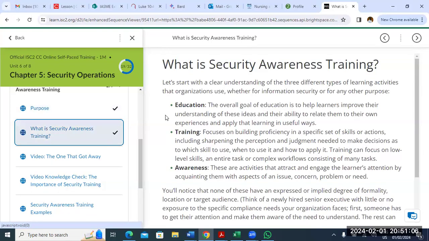So what is security awareness training? Let's start with a clear understanding of the three types of learning activities that organizations use. Number one is education. The overall goal of education is to help learners improve their understanding of these ideas and their ability to relate them to their own experiences and apply that learning in useful ways.